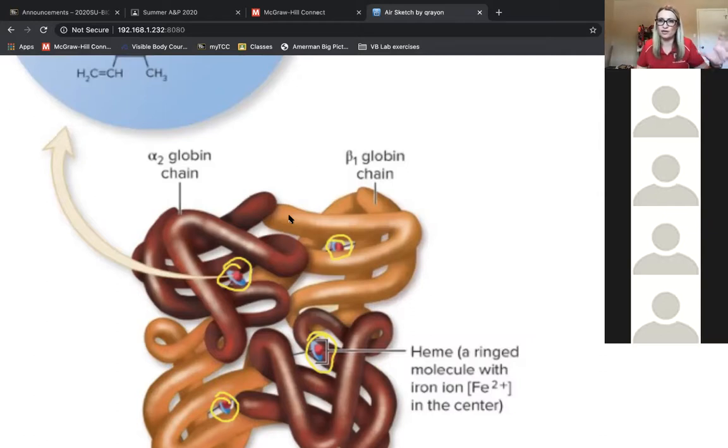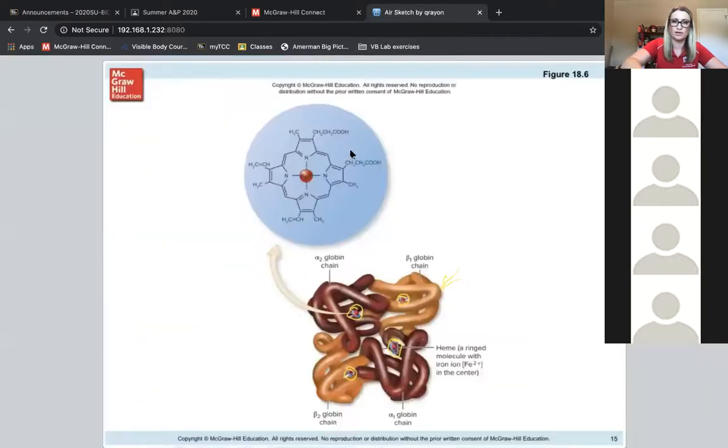Those two, the carbon dioxide and hydrogen ion, don't bind to the iron. They bind to the chain somewhere. But yes, it can carry other molecules also, specifically carbon dioxide and hydrogen. All right, let's go back to the normal size.